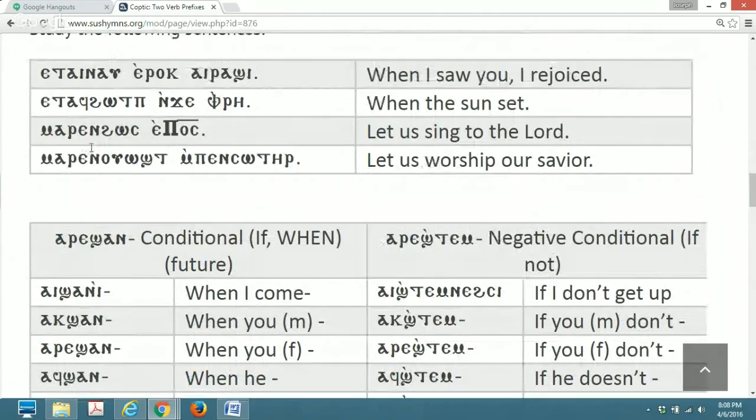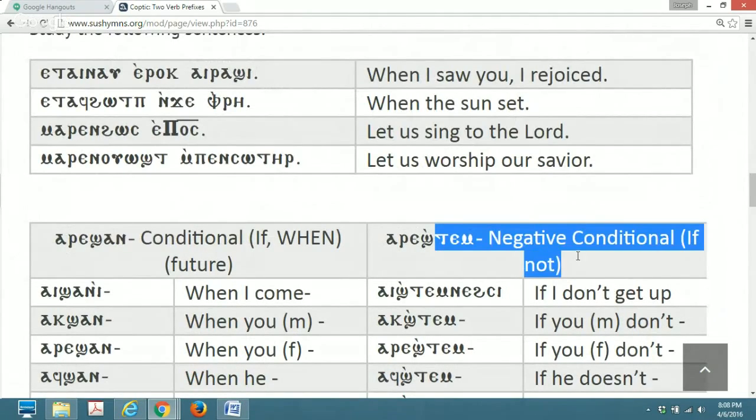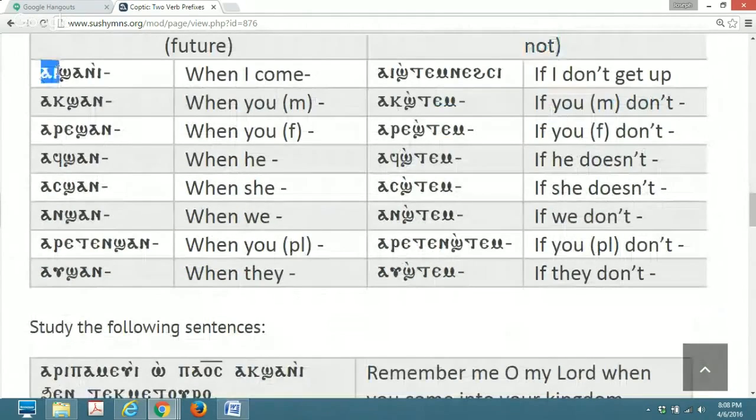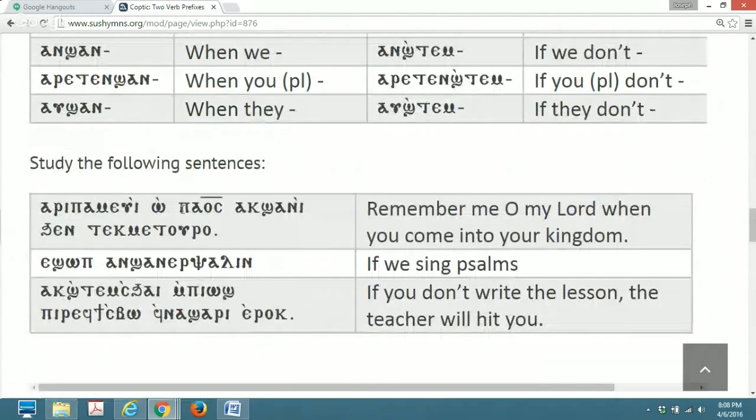Then we also did the conditional, the affirmative of the conditional, and the negative of the conditional. So basically, it's the same thing. It's the past tense, I, are, us, aratin, but then you also have shan with it. And we talked about ari pamedi obashois akshan I khintik uru.